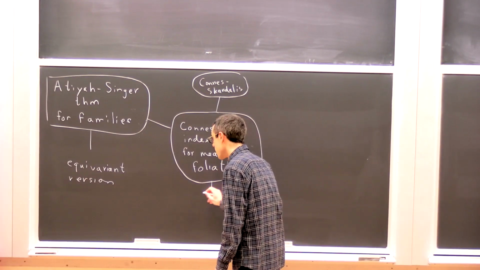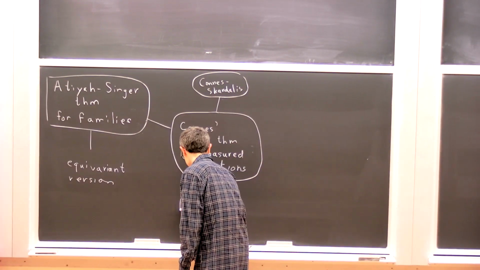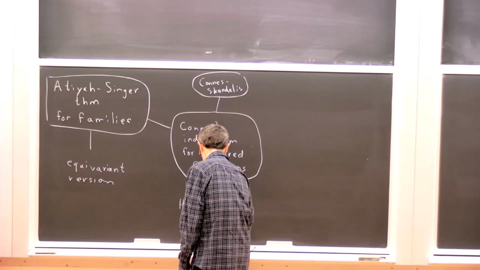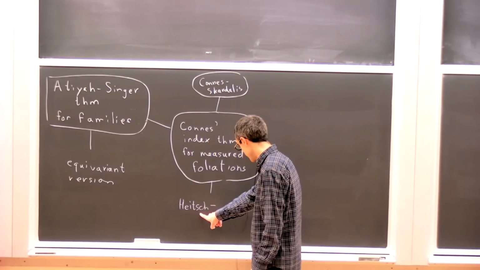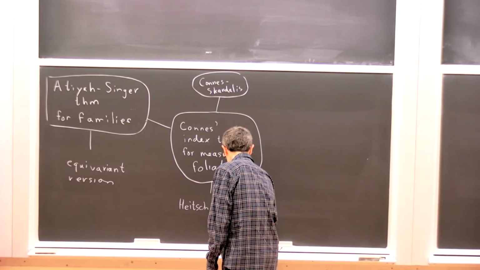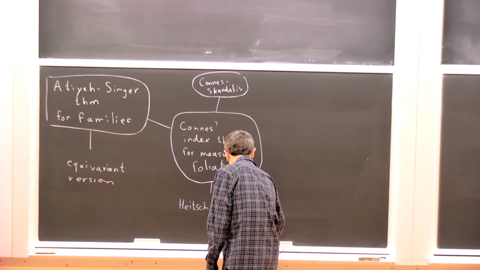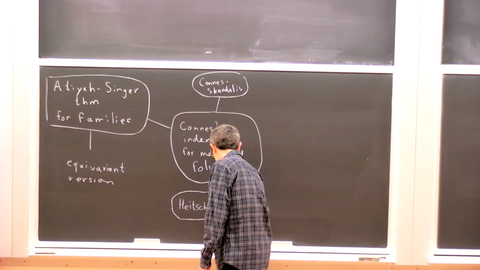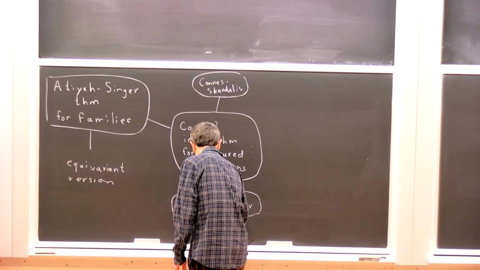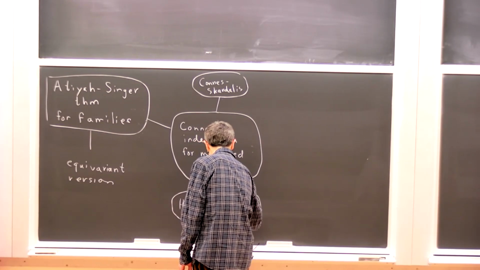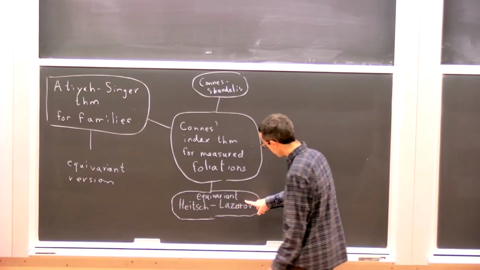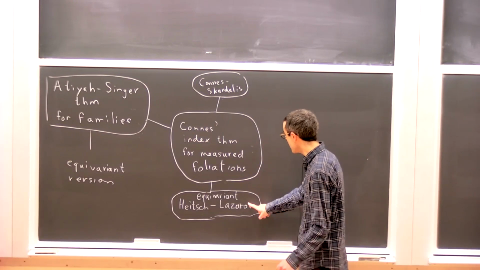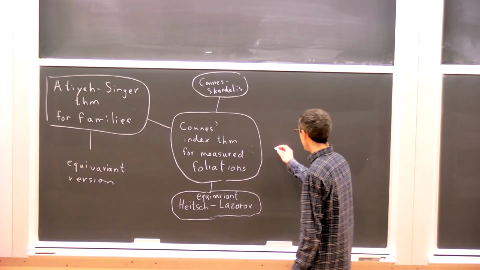So there's an equivariant version of this as well, which is due to, not sure how to say his name, Hitchin and Lazarov. And I believe there's other work on this, the equivariant case. Okay, so if you have also, say, a group acting on your foliation in an appropriate way, there's an index theorem in that setting as well.